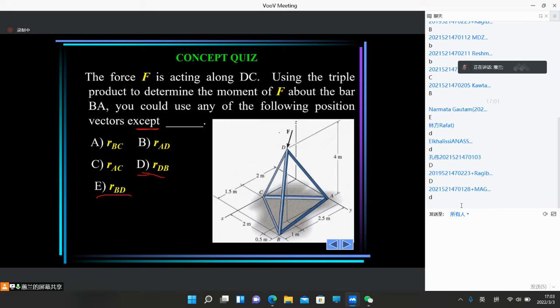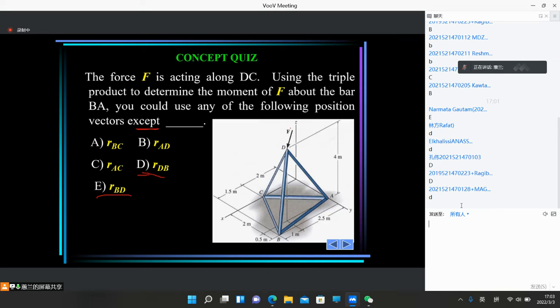So calculate the moment of F about point A. You can choose a position vector starting from A and ending at D or ending at C. It's your wish. It doesn't matter.